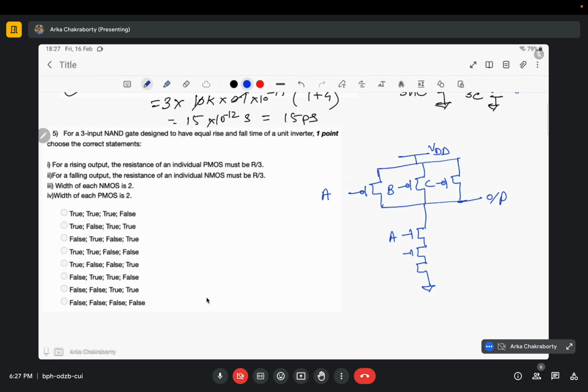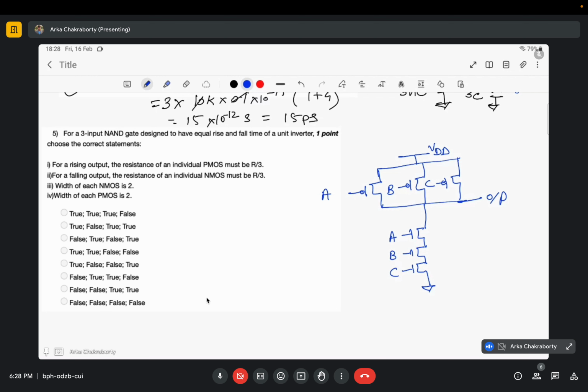Remember, in such kind of circuit, if you can figure out the sizing of these transistors, then more than half the work is done. So you have to just carefully check what will be the sizes of each transistor.